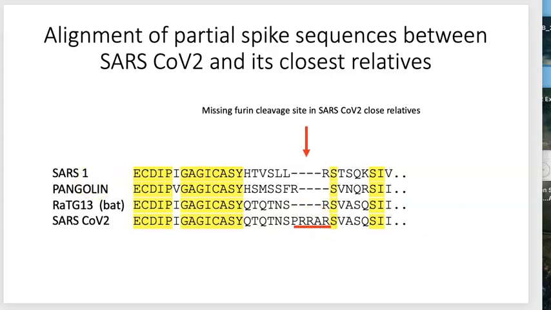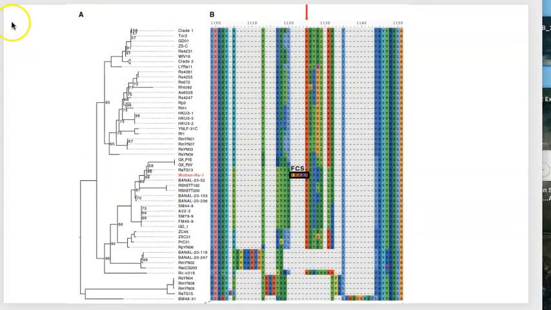And when we zoom out and look at SARS-CoV-2, here's Wuhan-Hu-1, that's SARS-CoV-2, against a whole bunch of highly similar viruses with very similar spike proteins, this is the only one with the furin cleavage site.